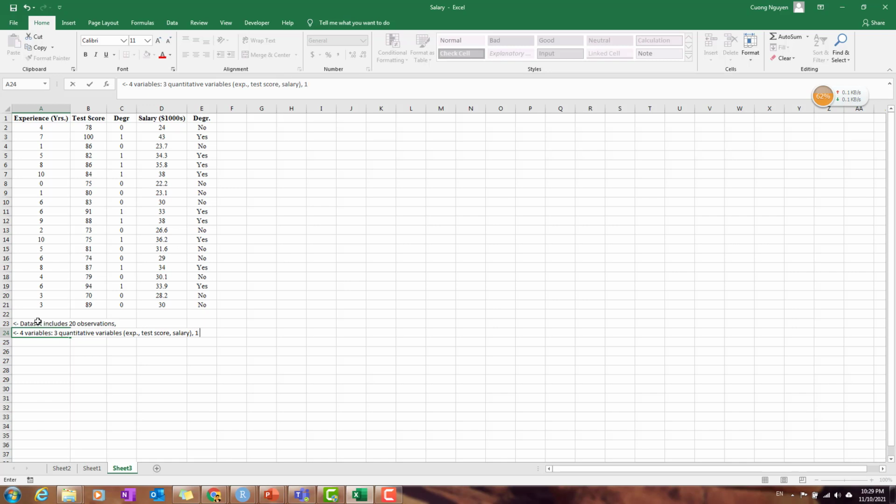While the other one is a qualitative or categorical variable, which is the degree.